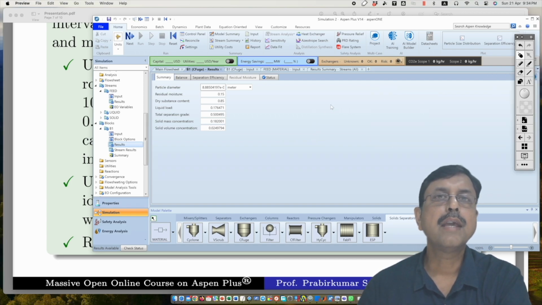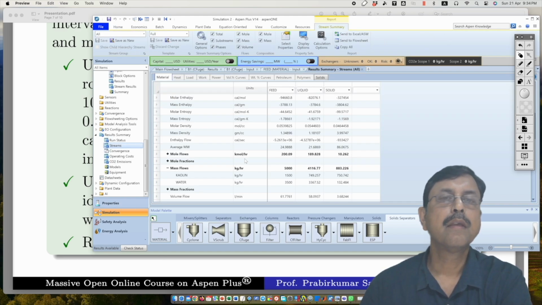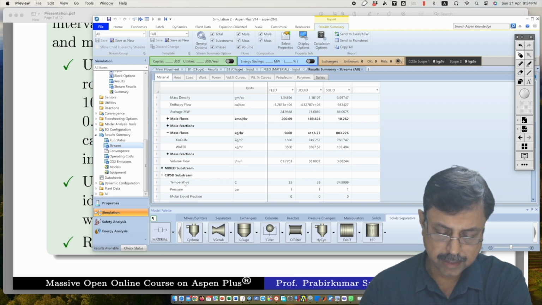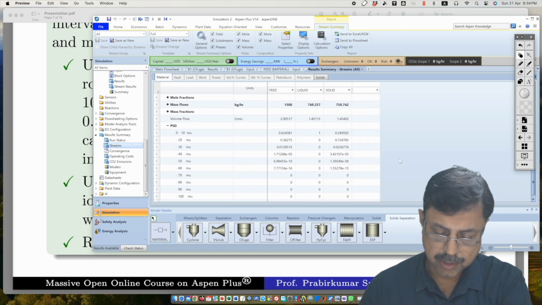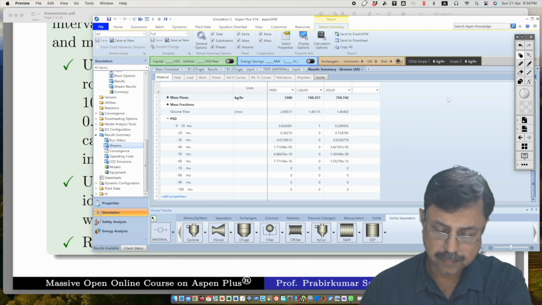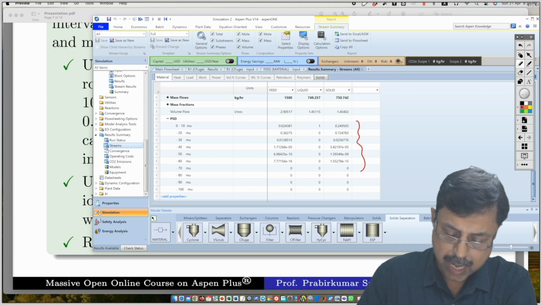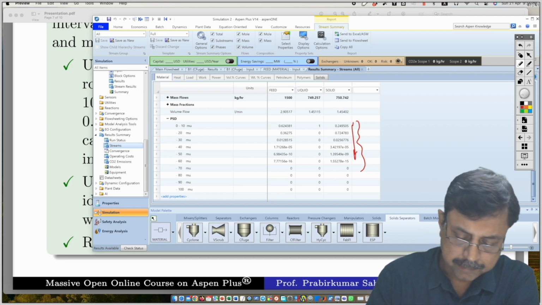Now we can check the result stream. Here it is 50% solid. And the best thing is you can check the particle size distribution. Here you see, this is the particle size distribution. So anything beyond 8 micron, so I think we have taken a wrong cut size.